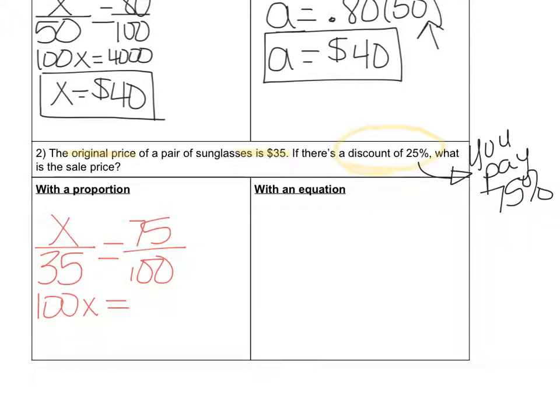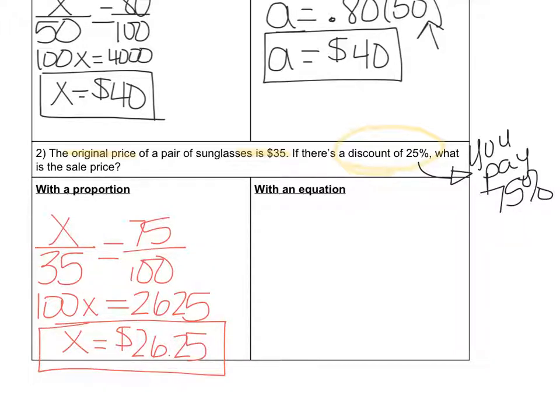100x equals 2,625. Divide by 100, x equals $26.25. Okay? All right, let's look at the same thing with the equation.